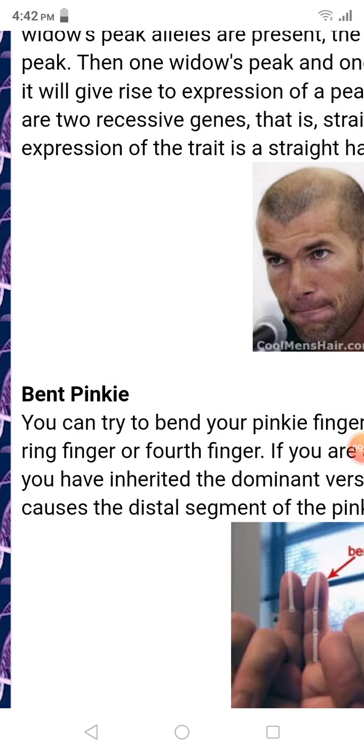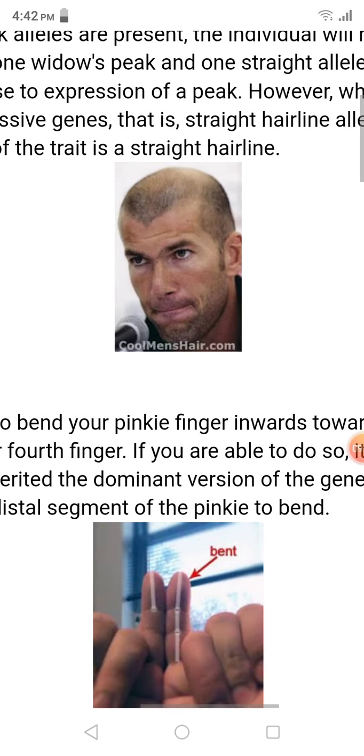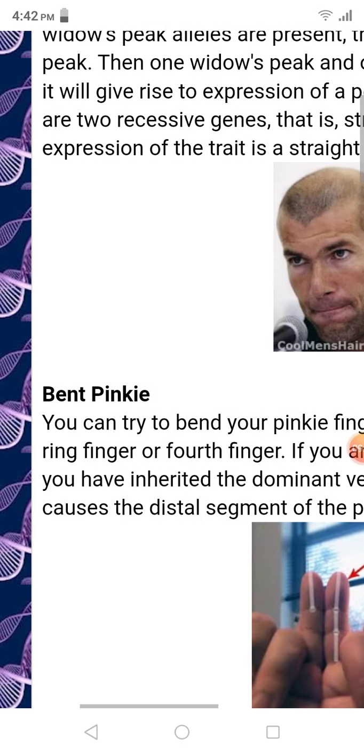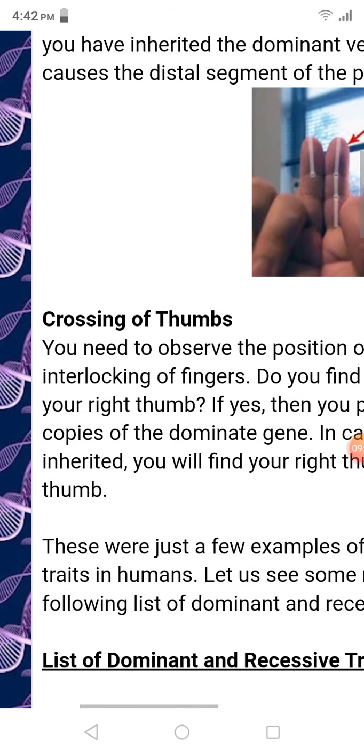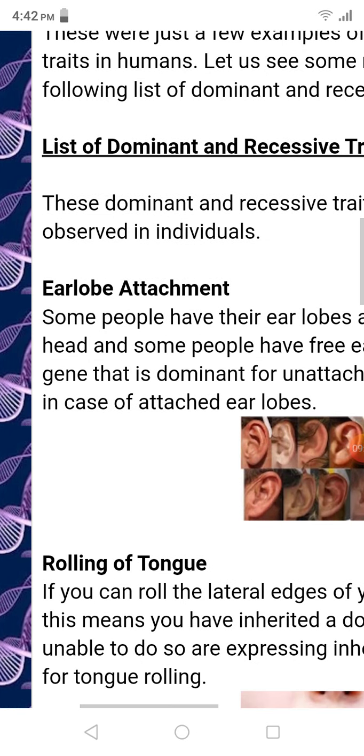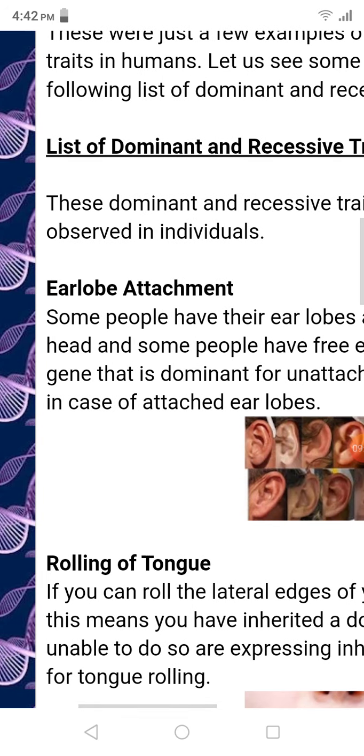So that's with Zidane, and then we scroll down. When I was getting into physical traits, I tried to study the earlobe, and the earlobe thing was too difficult and too hard to get a consistent read on who's who.